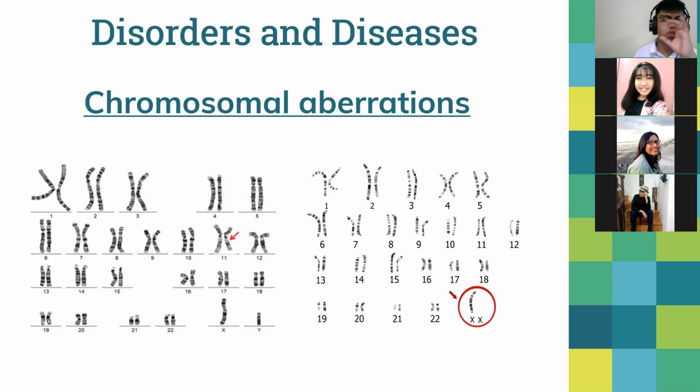Okay, deletion of one arm of the fifth chromosome. This one for the deletion of 11, I think this is yung Jacobsen. I think this is for the deletion of chromosome 11 or one part ng chromosome 11. Doon sa P arm, may nabawasan siyang part, may natanggal siya na part or na-delete.